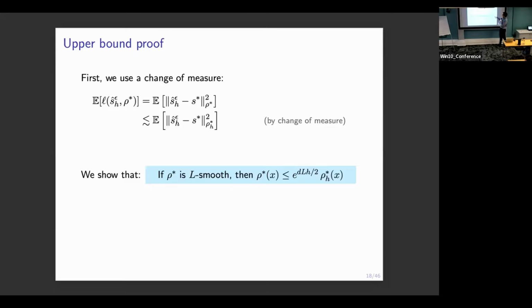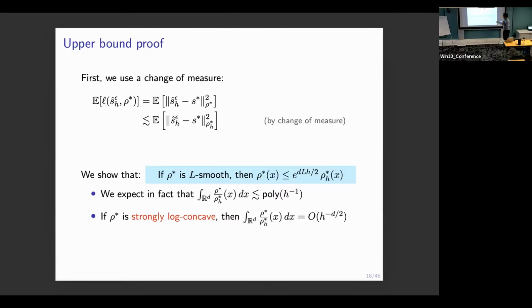To do that, we prove this change of measure lemma, which says that if you start from a smooth distribution and smooth it out a little bit more, convolved with a Gaussian with variance h, then the convolved distribution will have lighter tails, so it goes to 0 faster, but it cannot be too small. This convolved distribution must be at least the previous one divided by this constant factor. And if h, the smoothing, is small, then we can make this small, like 2, for example.